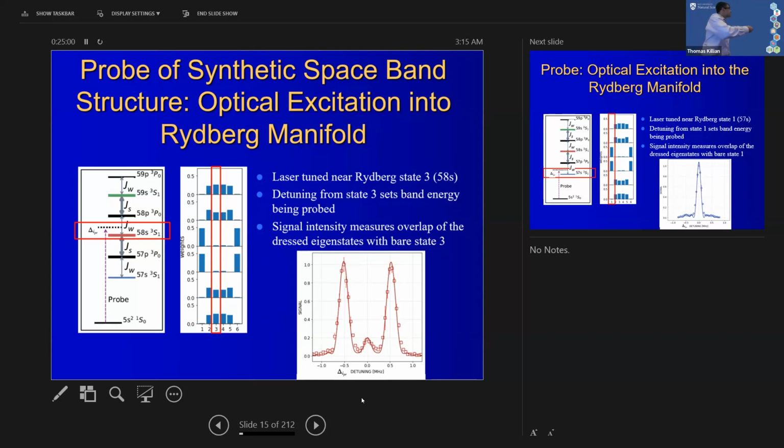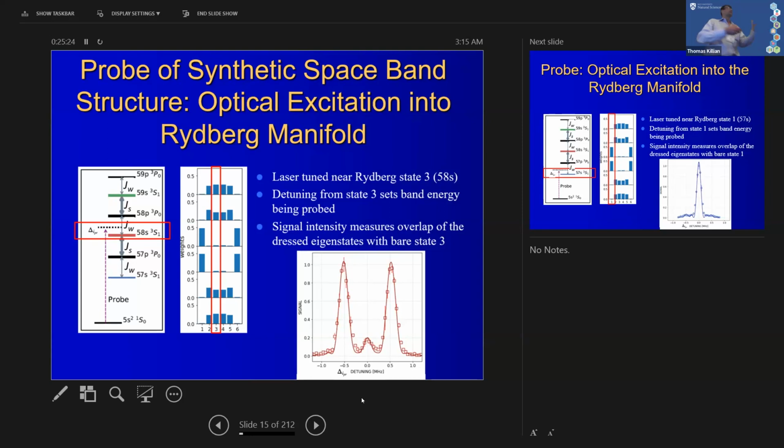So if we tune to state number 3, this triplet S1 state, and we tune our laser around that state just a small amount, we get a signal here. This is the number of Rydberg atoms as a function of detuning, on the order of megahertz, around the bare resonance frequency of the 58S triplet S1, or site number 3 in the lattice. You can see structure that's split on the order of megahertz.